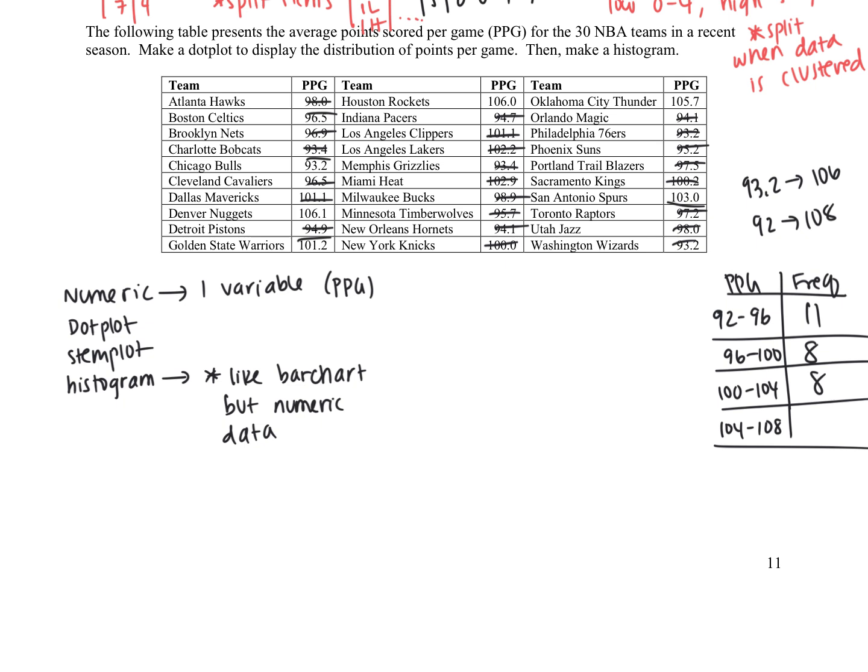And then 104 to 108 is 3. Now we're told there's 30 NBA teams, so maybe add those up and make sure that they get to 30. I think they do.